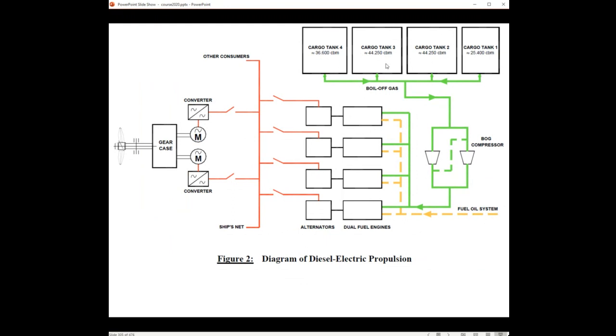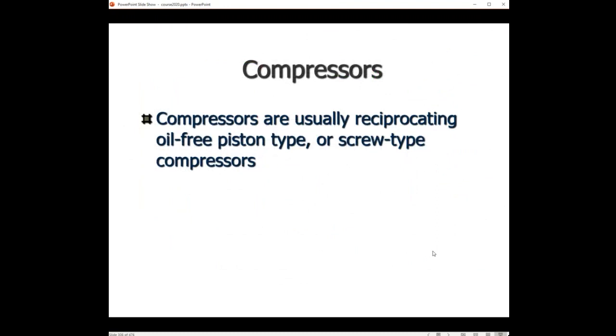You know that when there is not sufficient boil-off gas available, you have the low-duty vaporizer available to create additional vapors yourself for consumption in case you want to sail on gas. So this is a diagram of a diesel electric propulsion system. Okay, that for the LNG systems.